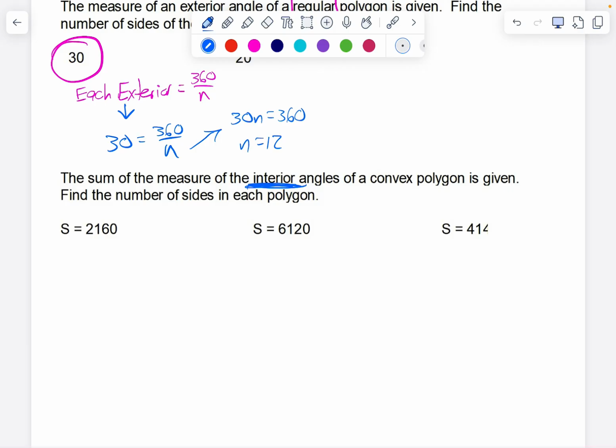Everybody hold it up. Which formula are you going to use? Yeah, so this is interior sum equals 180 times n minus 2. Solve for n.